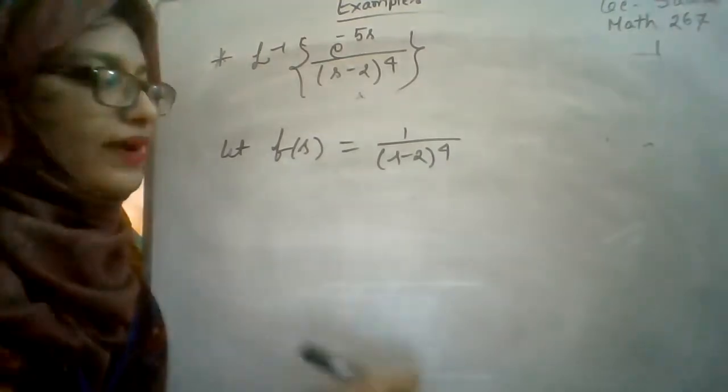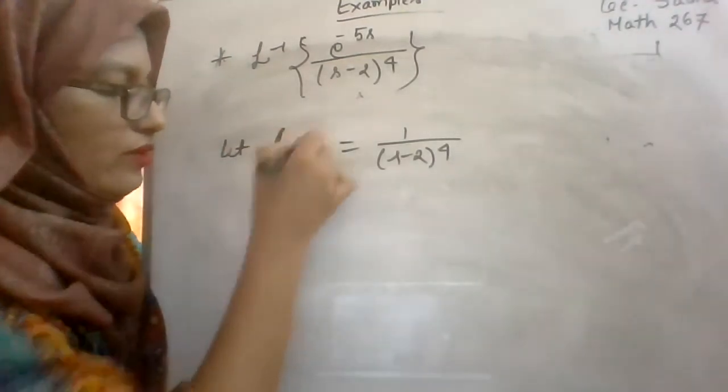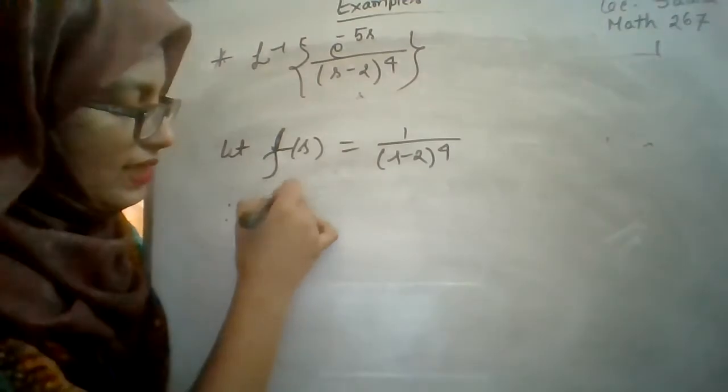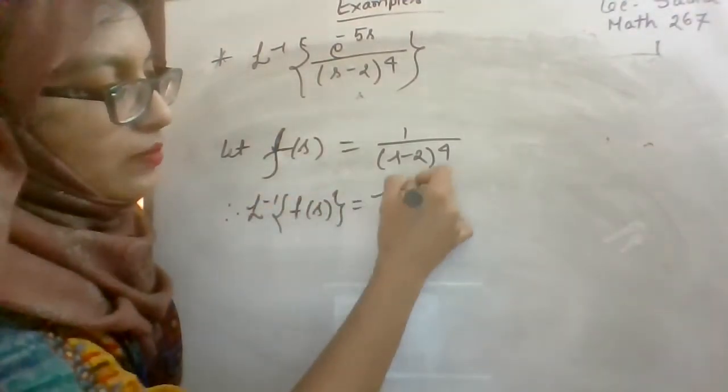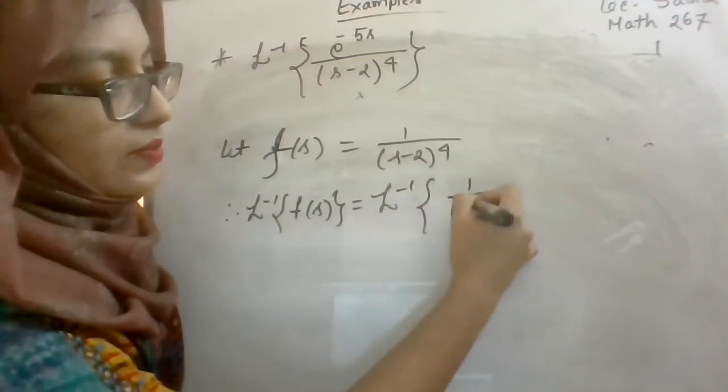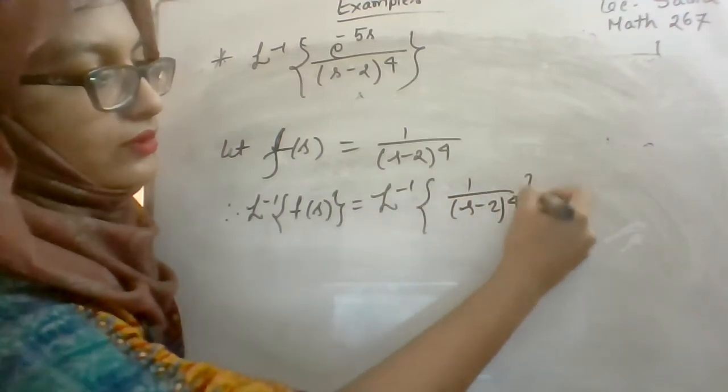So find the inverse Laplace transformation of this. Inverse Laplace transformation of f of s is equal to what? Inverse Laplace transformation of 1 by s minus 2 to the power 4.